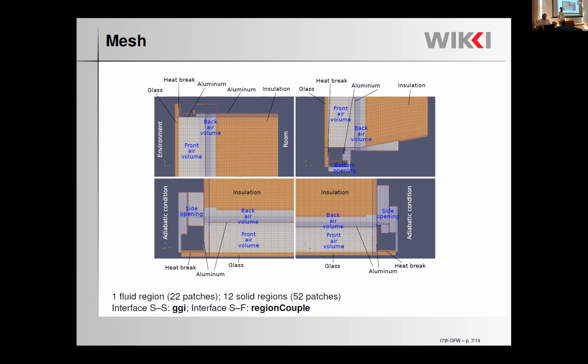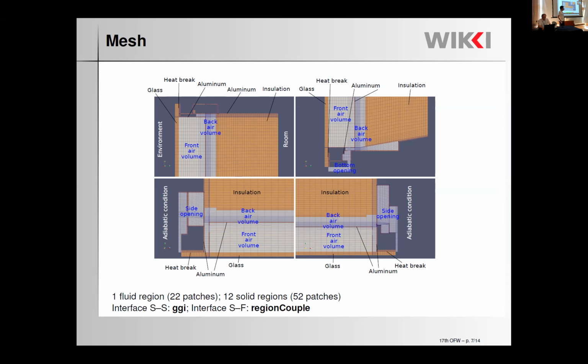We have one fluid region and 12 solid regions, and this fluid region has 22 patches because all of the interfaces have to be defined by a boundary condition.